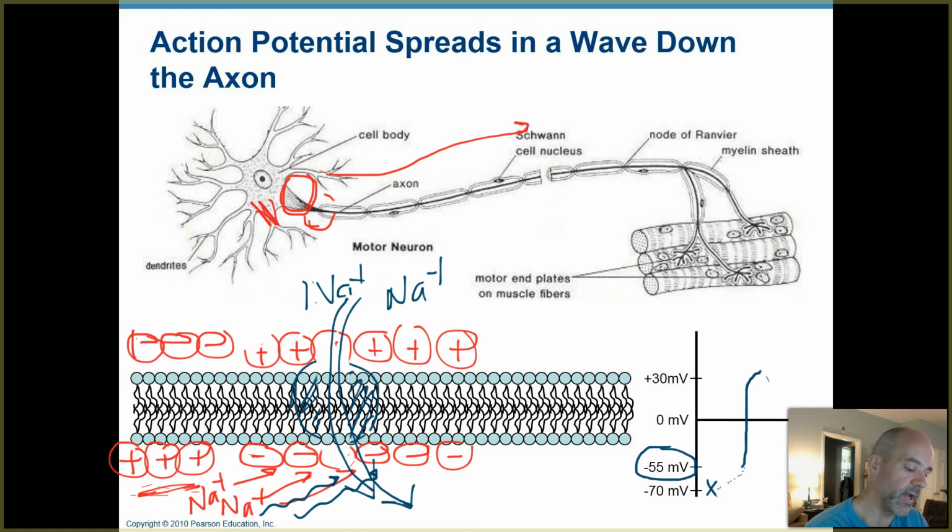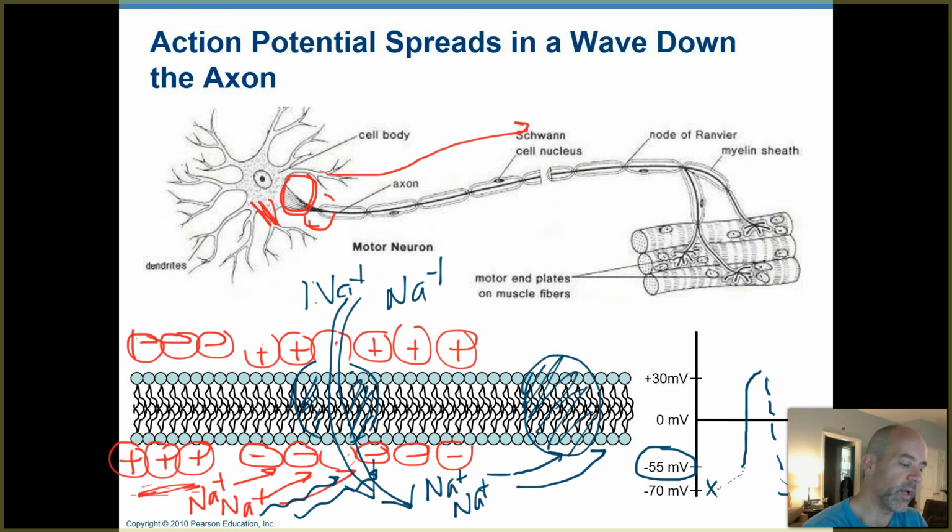So the voltage-gated sodium channels are going to close. The voltage-gated potassium channels in that local area are going to open up, and you're going to reset the membrane. Now meanwhile, the sodium ions that came in at this location are going to spread over to the next stretch of membrane. You're going to have voltage-gated sodium channels over here.